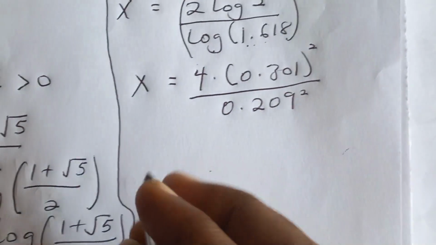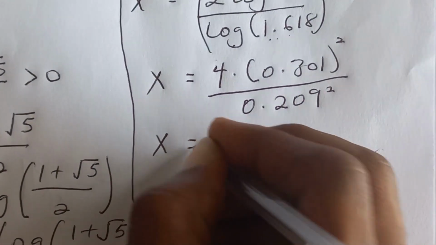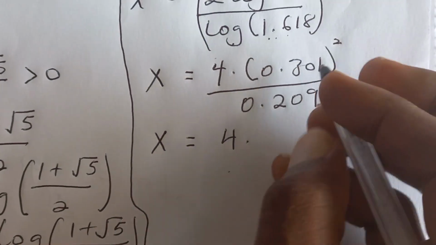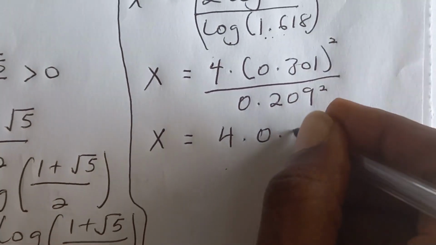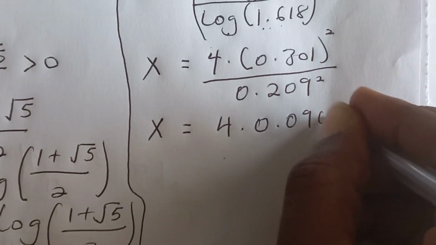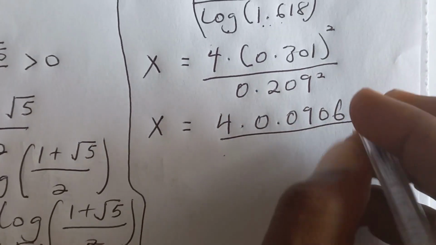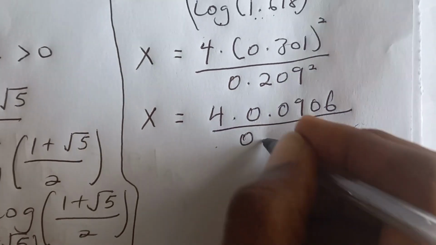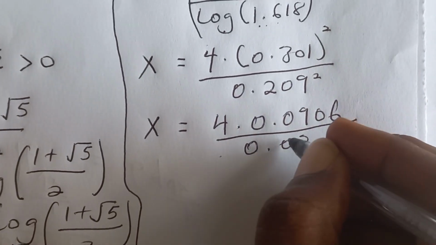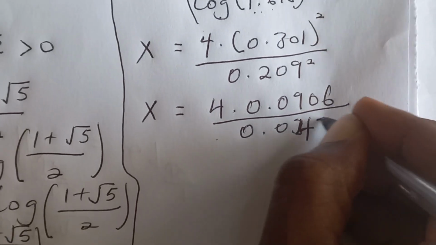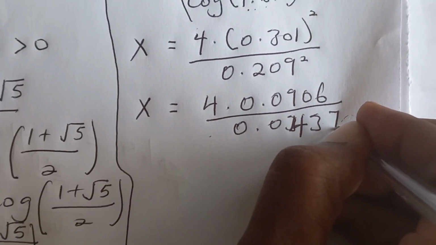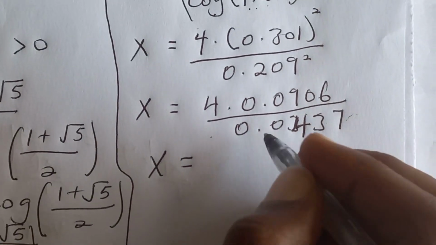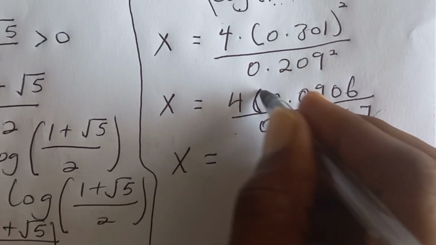So we have x equal to 4 multiplied by 0.301 squared, which is the same as 0.0906, all over 0.209 squared, which is 0.0437.